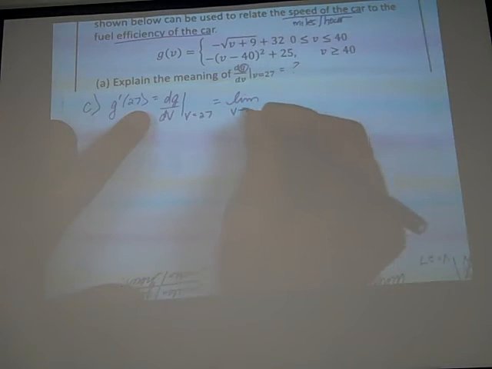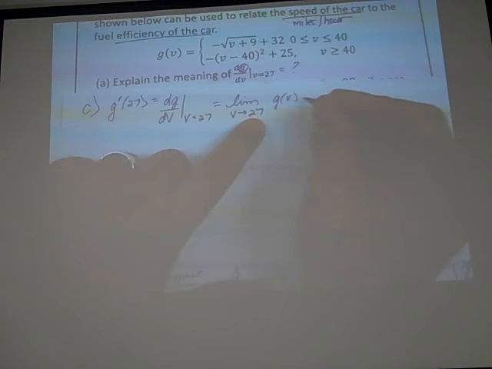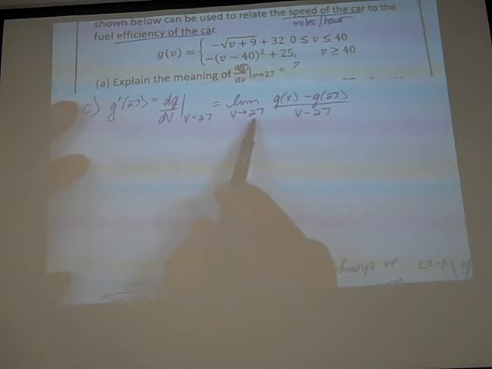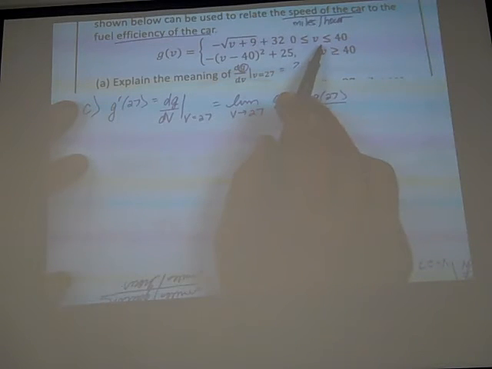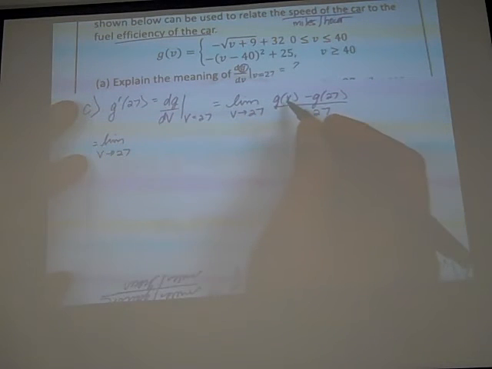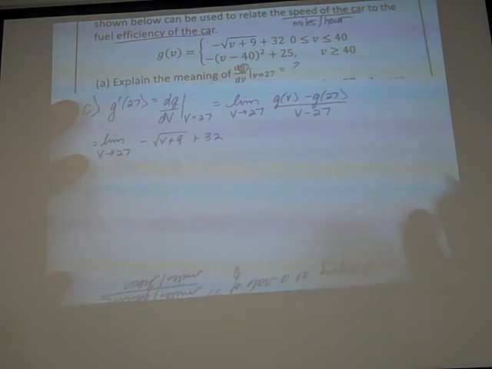That's going to be, what's the limit as V approaches 27 of G of V minus G of 27 over V minus 27. Because my velocity is getting closer to 27, I'm still in this first piece. So we're going to get the limit as V approaches 27. G of V is negative square root V plus 9, plus 32, minus G of 27.